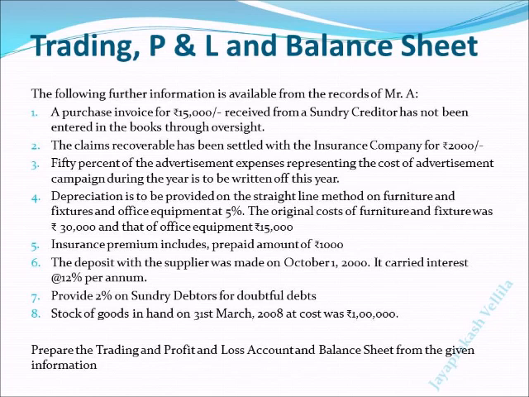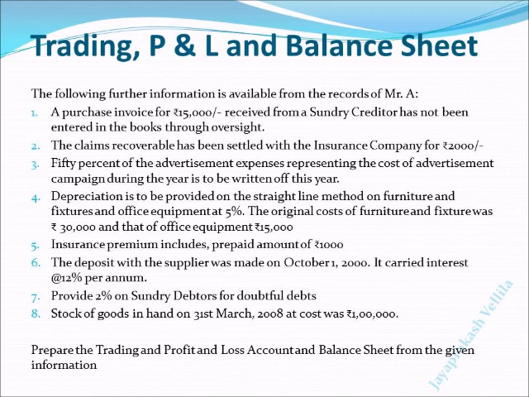When we find the depreciation in the straight line method, we need to know the original cost, what the cost was when it was bought. So it is given that the original cost of furniture and fixtures was 30,000 and office equipment is 15,000.